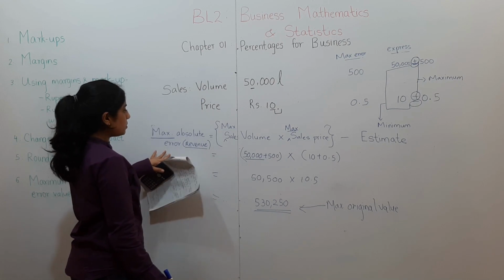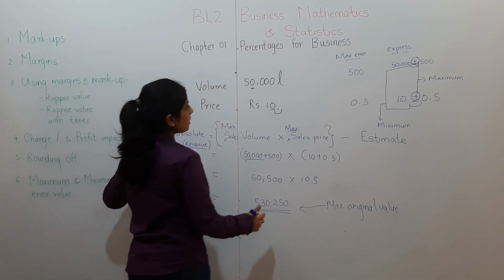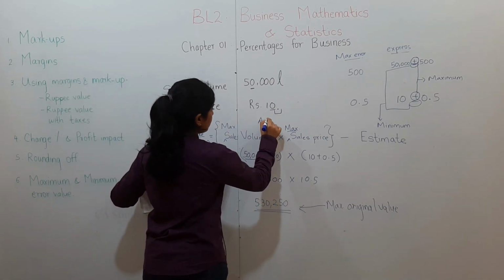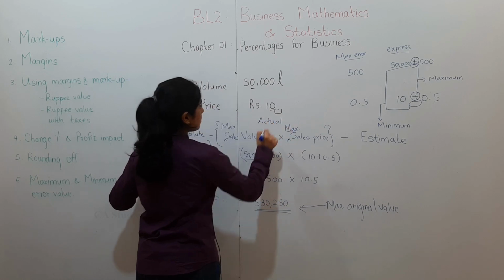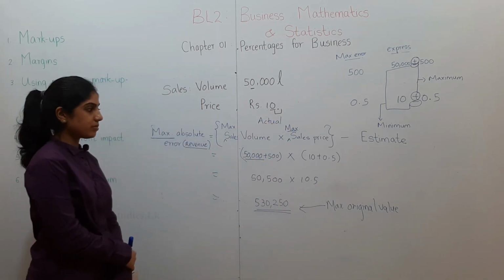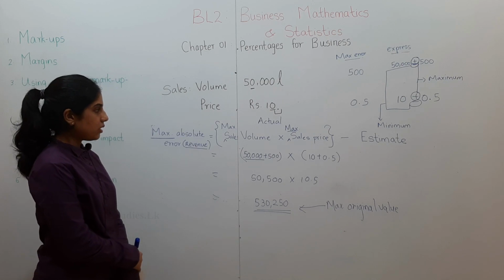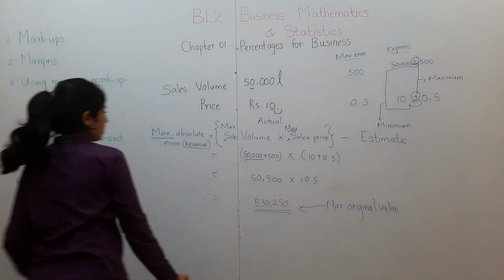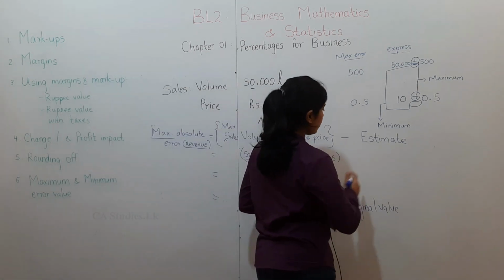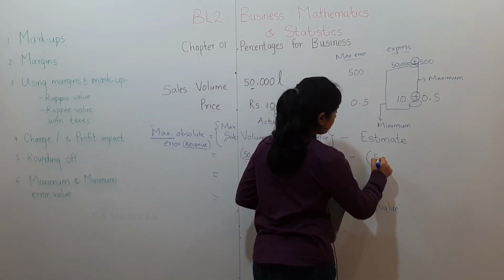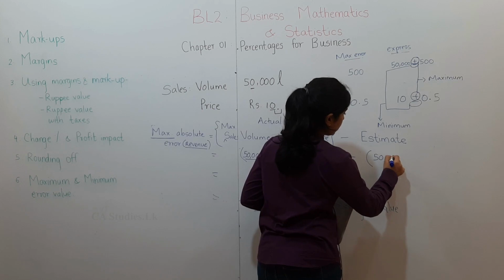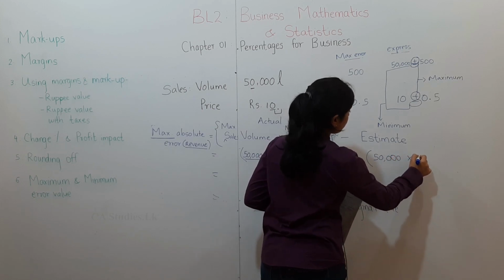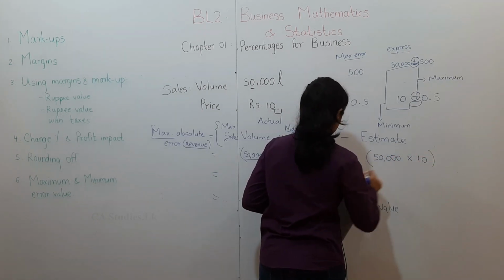No? The absolute error formula is actual minus estimate. Your estimate, how much is it? We know, using the rounded figures, the estimate is 50,000, the rounded figure for sales volume, and 10 rupees, the rounded figure for sales price.